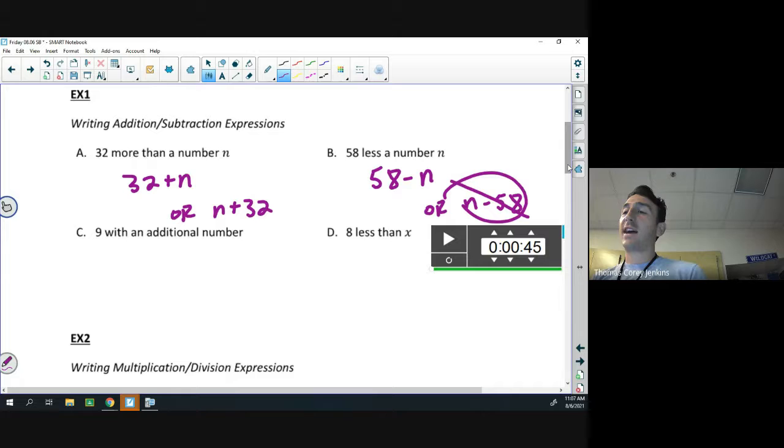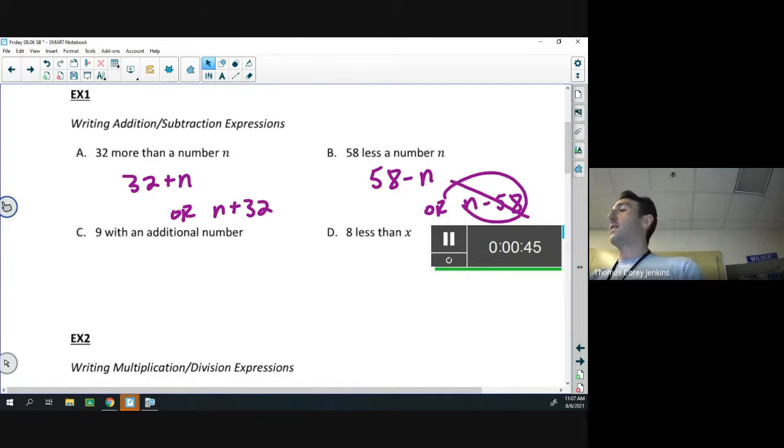So you guys try C and D. I'm going to give you about 45 seconds. Feel free to compare answers with folks around you. I'll probably call on you for volunteers today, but usually after I give you a work time, I call on random people just to see if you're with me. I won't do that since it's the first day, but that's why you like to compare answers.